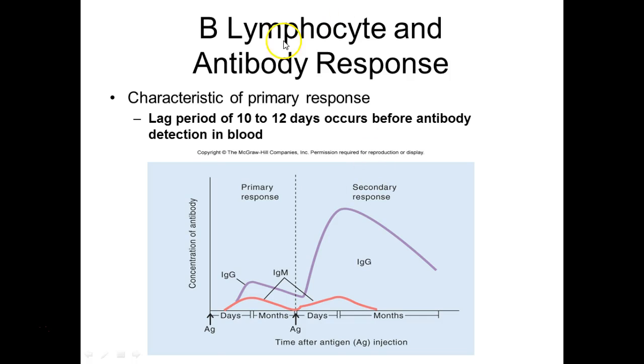So when you get vaccinated, right, that's probably your primary exposure, right? If you get exposed again, then that's why your response is going to be so swift and so protective, because we're activating memory cells. And you might even already have antibodies still around that can go into activation right away.